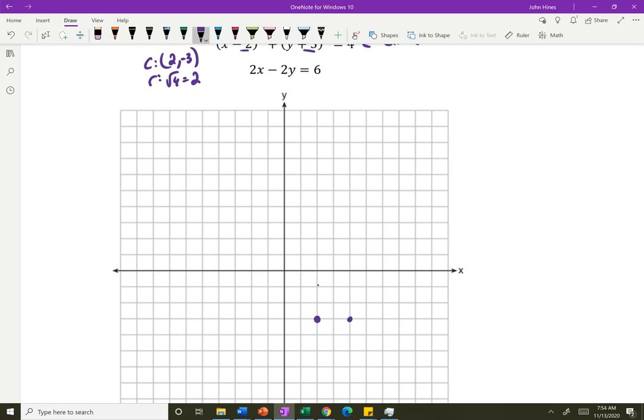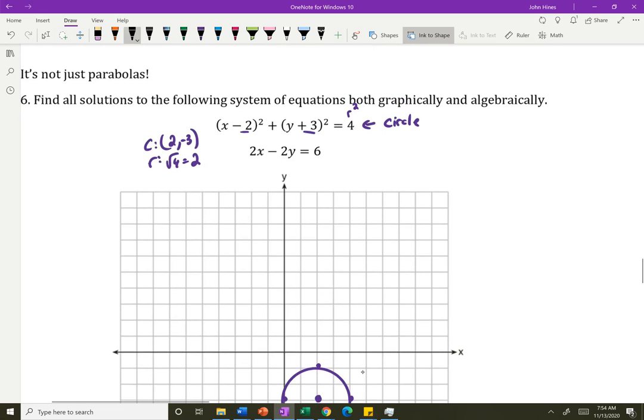So I'm going to go 2 in each direction. And there's my circle that I'm going to attempt to draw. That was okay-ish. There we go. It's close enough for me. So there's my circle, centered at +2, -3 with a radius of 2.